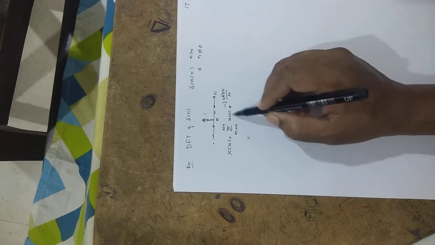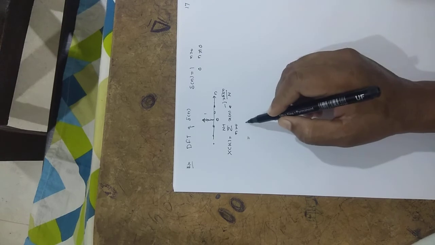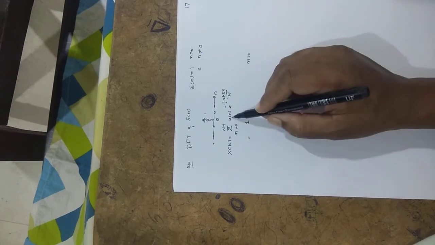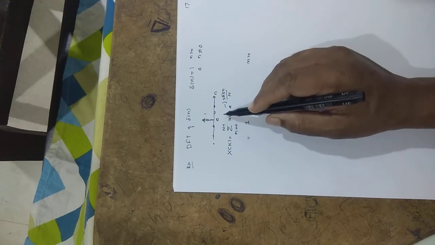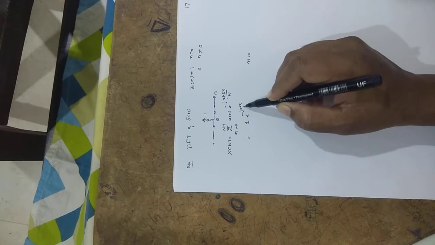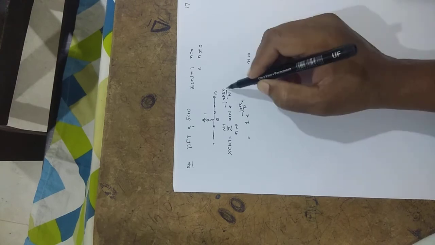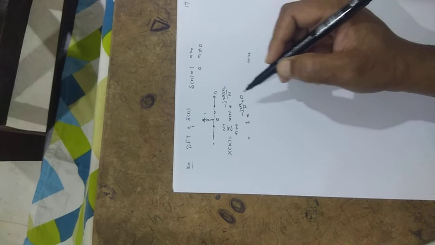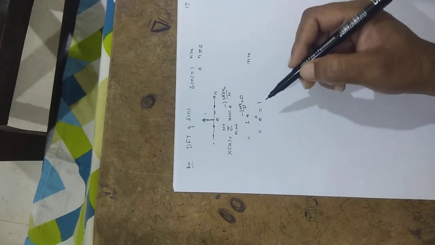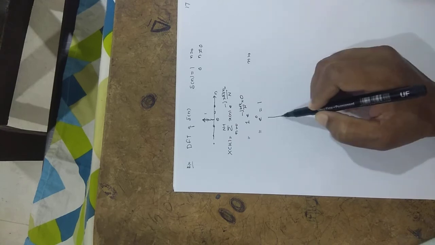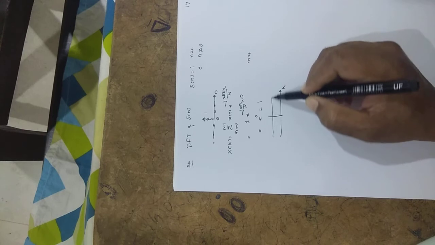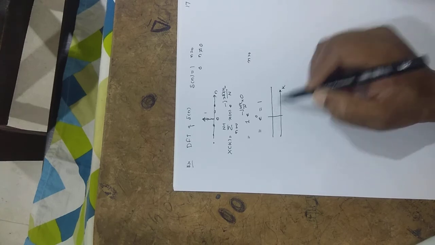Only for n equal to 0, its value is 1. So 1 into e to the power of minus j 2 pi k n by N for n equal to 0. So this will be e to the power of 0, which is nothing but 1. If you try to plot this one, this is the k axis, a plot in the frequency domain.